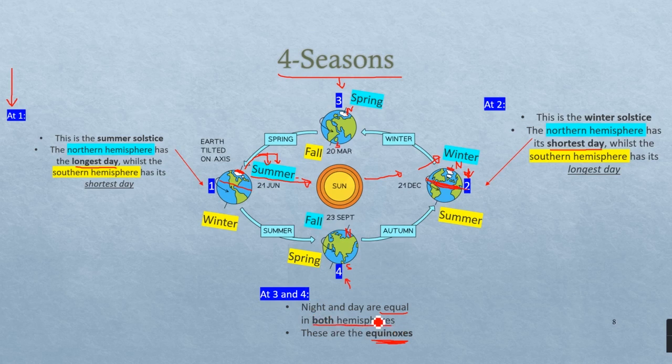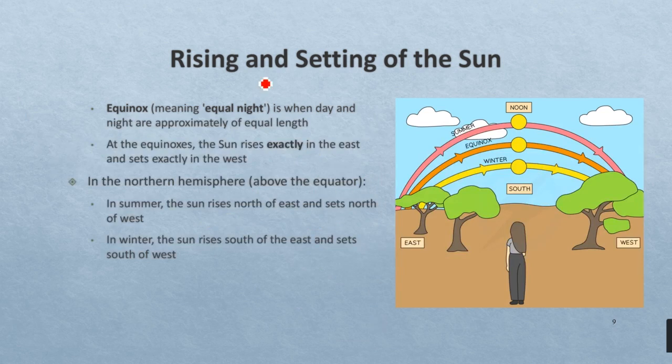So in the equinox, as I said, we have equal day and night cycle, which means that it's split exactly into 12 hours. And then in the northern hemisphere, we will expect the sunrise to be always coming from the east and the sunset to be always coming from the west, even during summer and winter.